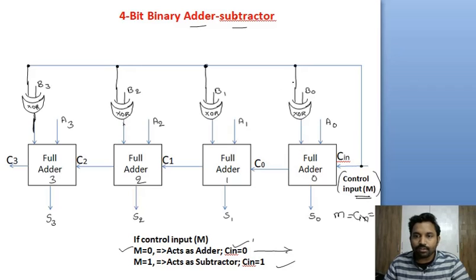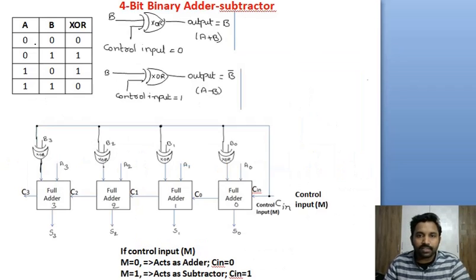That means one input of each XOR gate is 0, and Cn is also 0. The other inputs are B0, B1, B2, B3 respectively.